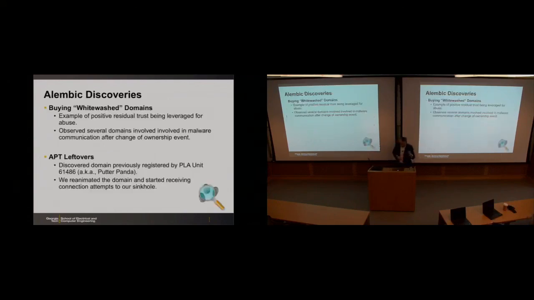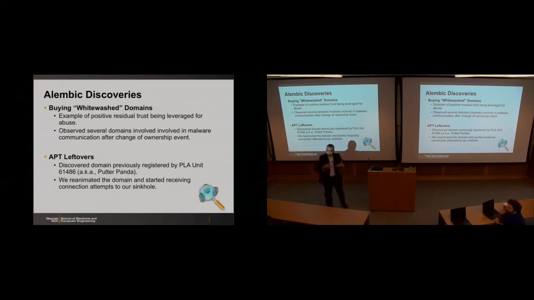Some of the discoveries that we made, and I'm going to conclude with this, is this. This is one of the most interesting discoveries. There was a targeted attack that happened here in the States by a Chinese actor, a PLA unit, 61486. The people who discovered this wrote a report, they released it, then the domain names expired.